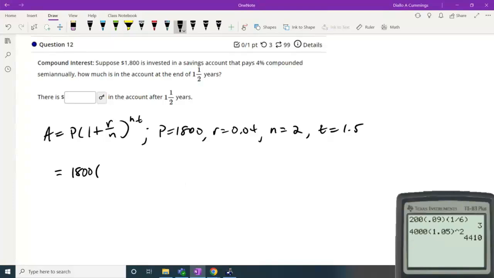So this is 1,800 times 1 plus 0.04 divided by 2, raised to the N times T, so that's 2 times 1.5.